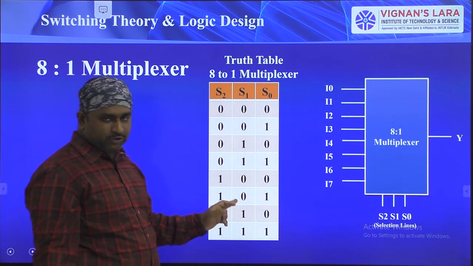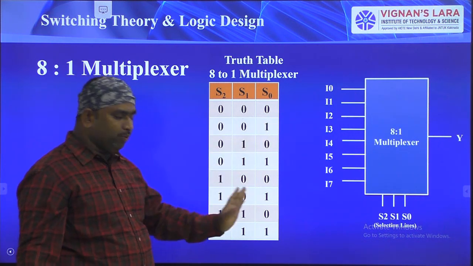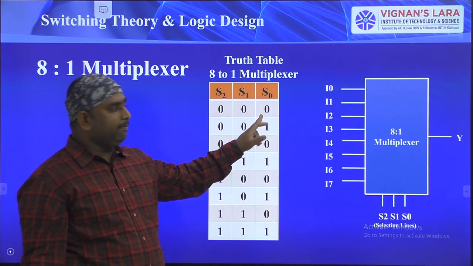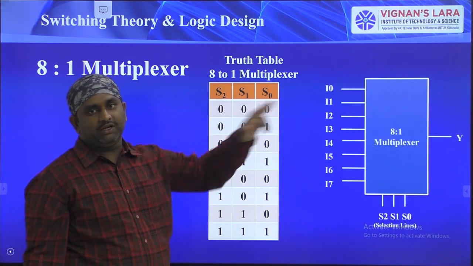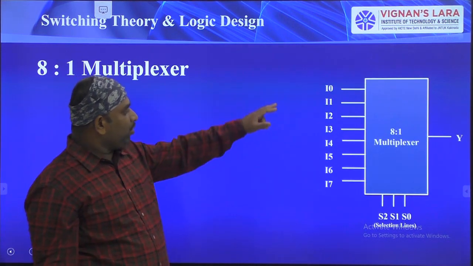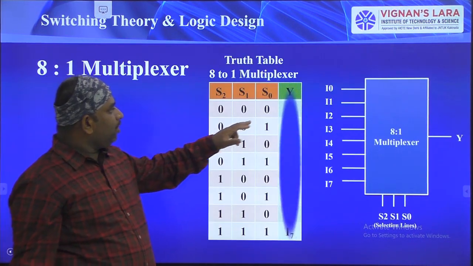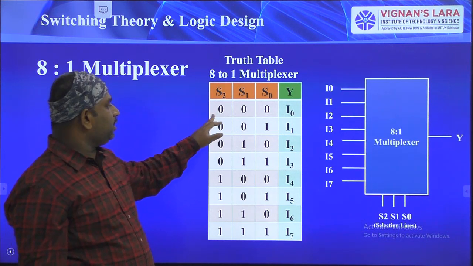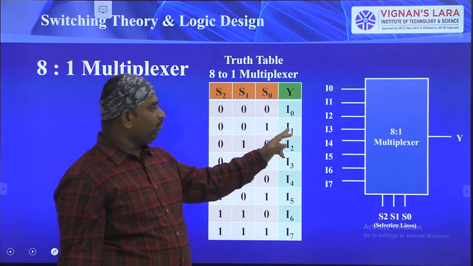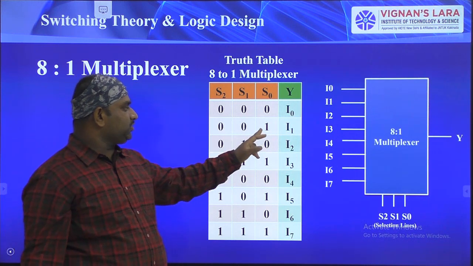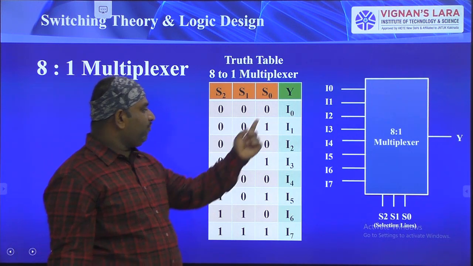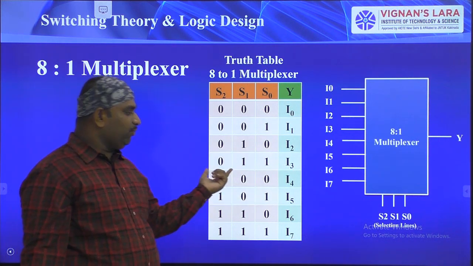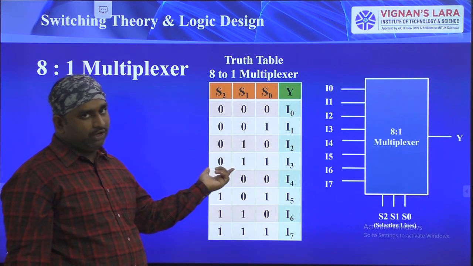We have all the possible combinations 000 to 111. So all 8 combinations we have represented. Each combination is representing any one of the input signals to the output. So see here, Y is equal to I0 when S2, S1, S0 values are 000. Y is equal to I1 when they are 001. Y is equal to I2 when 010. Y is equal to I3 when the input combination you selected is 011.